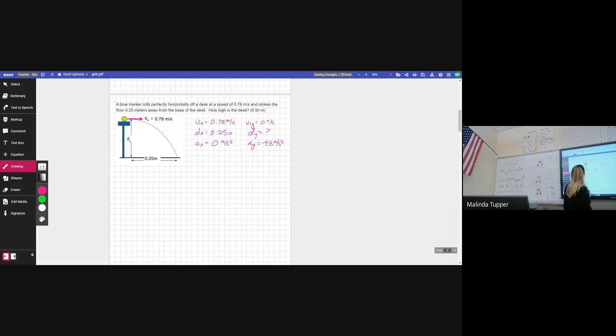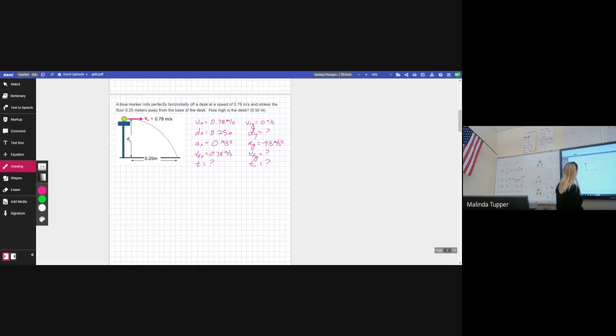And I do also know that my final velocity in the x direction is 0.78 meters per second. But I don't know my final velocity in the y direction, and I don't know the time.